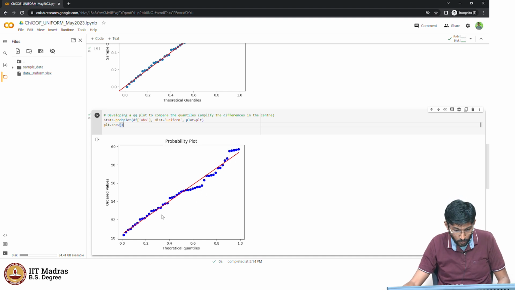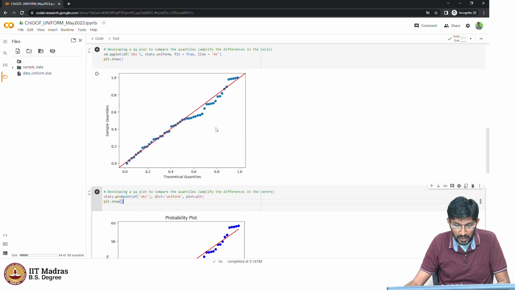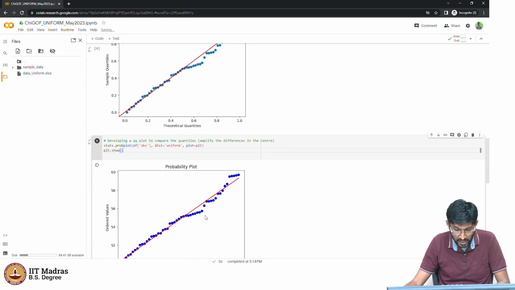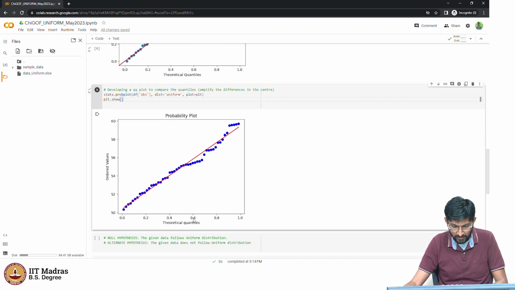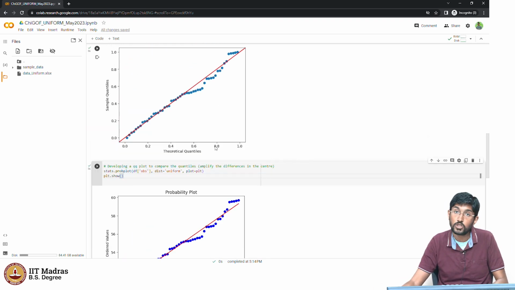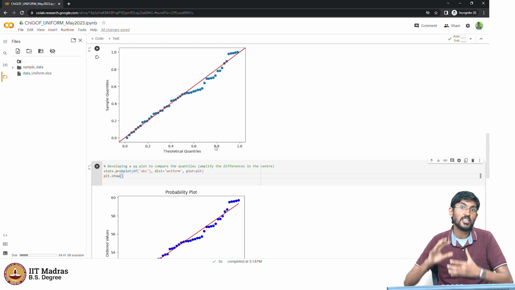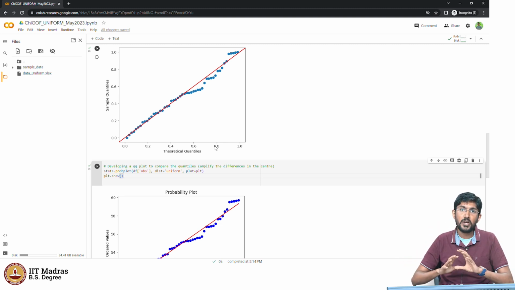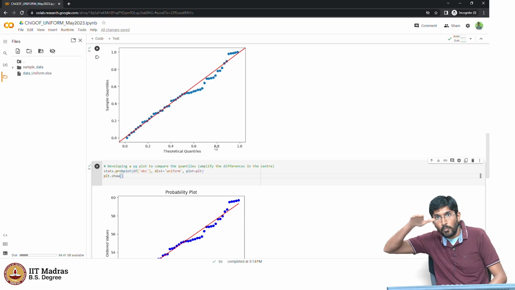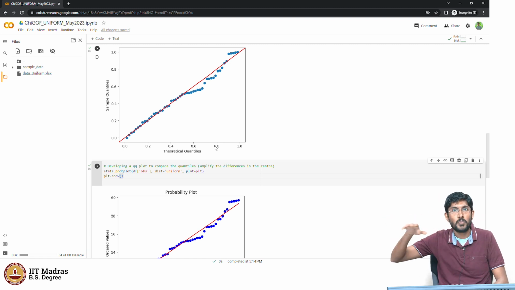In this case, most of the points also fall on the line, and very interestingly, the deviations in the QQ plot and the deviations in the PP plot are exactly in the same area, around 0.6 in both the PP and the QQ plot. And this type of deviation will happen only if the population is a flat line, which is going to be a uniform.